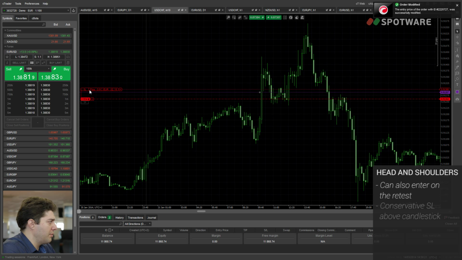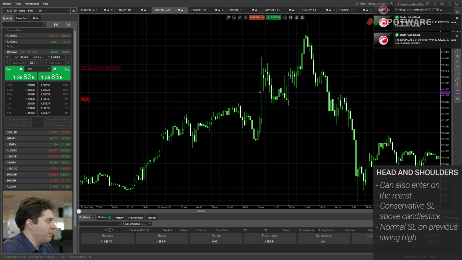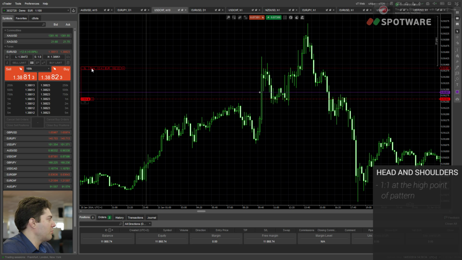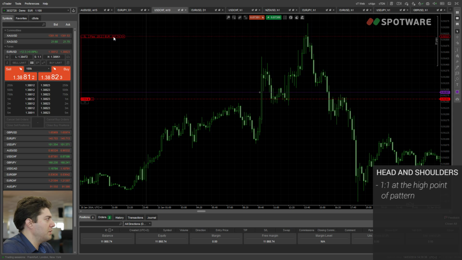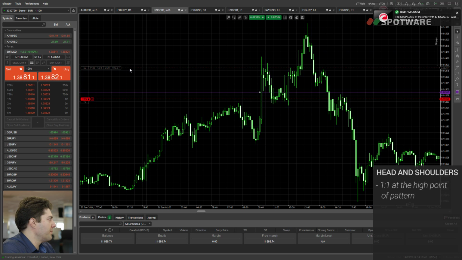Your stop loss can be very conservative, right above the candlestick, can be less conservative on the previous swing, above the previous shoulder, or it can be not conservative at all, 1-to-1 actually, above the head of the pattern.